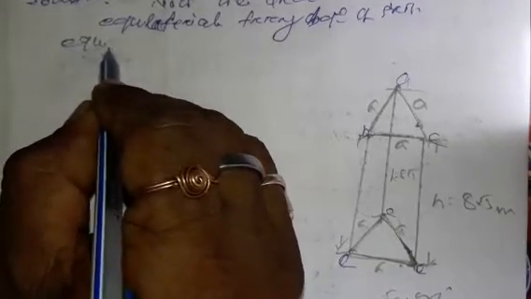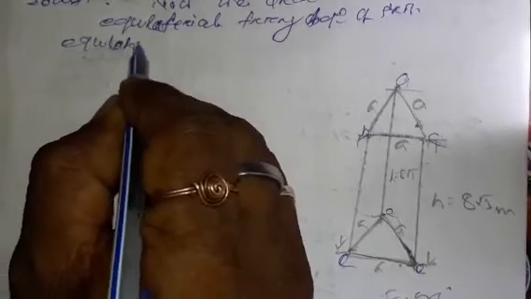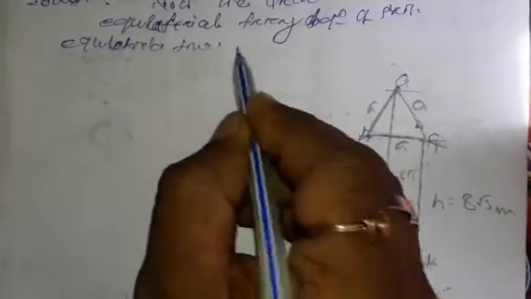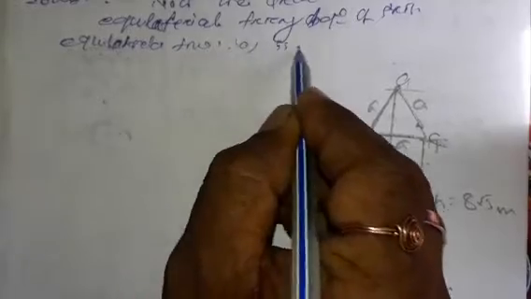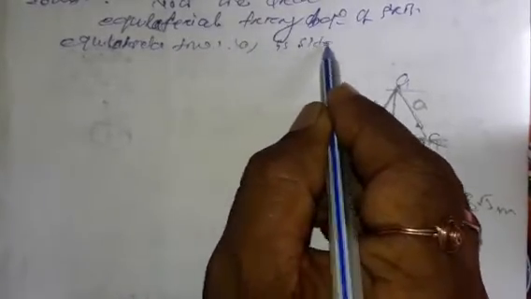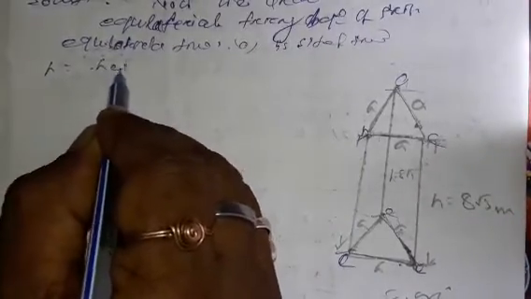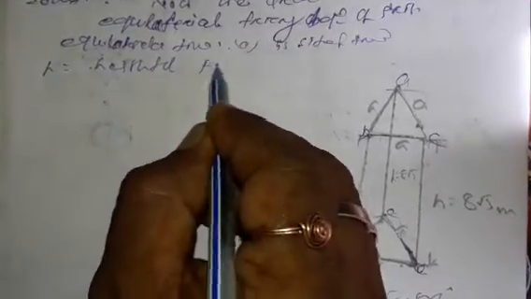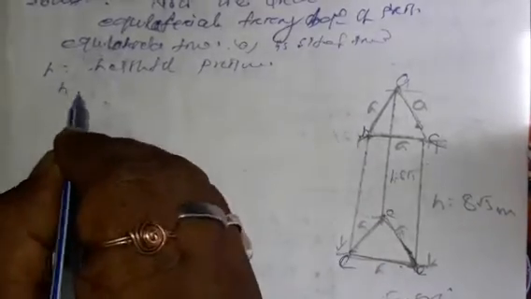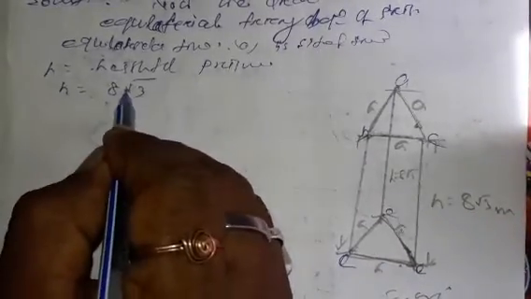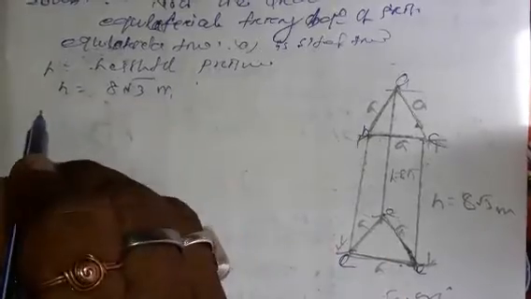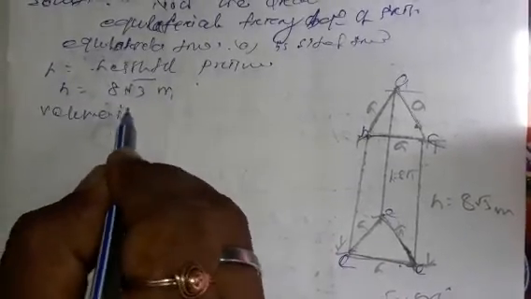So this is ABC, DEF, an equilateral triangle. A is the side of the triangle and H is equal to the height of the prism, and the given height is 8√3 meter, and the volume is 864.